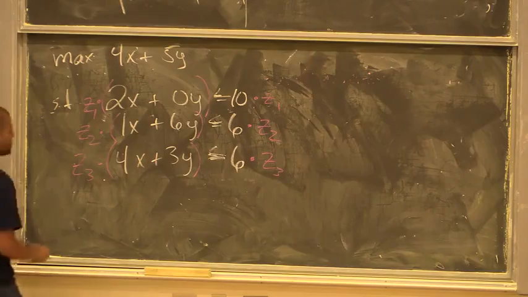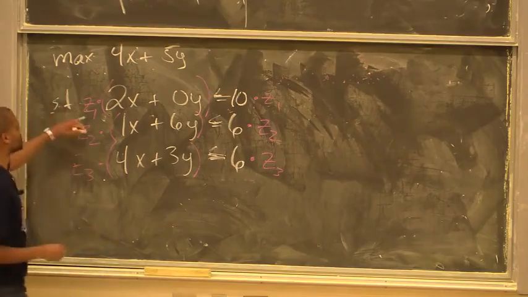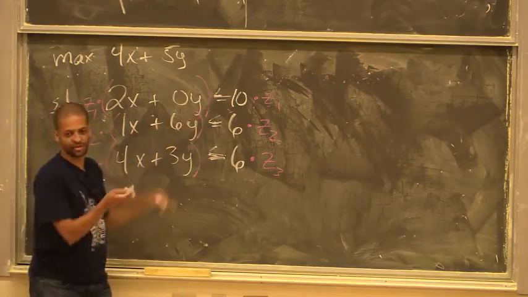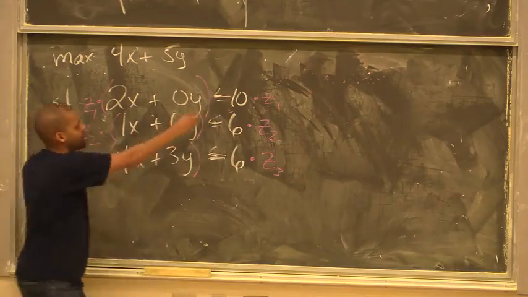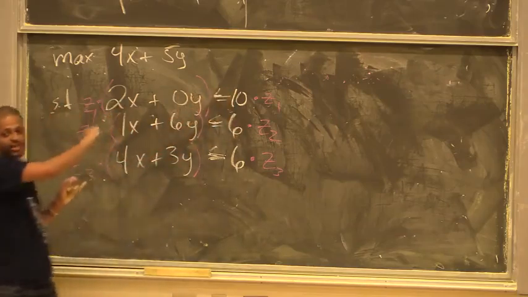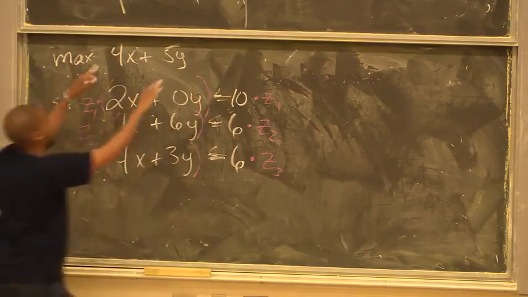And when I added it up, what do I get? Because all of these z's are non-negative, it doesn't flip the direction of the inequality, right? If I multiply both sides of an inequality by a negative number, the direction flips. But if I insist that all the z's are non-negative, the direction won't flip. And then let me just add this up.